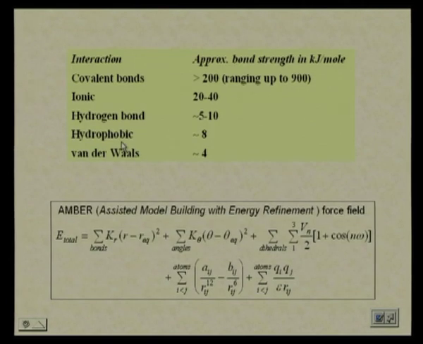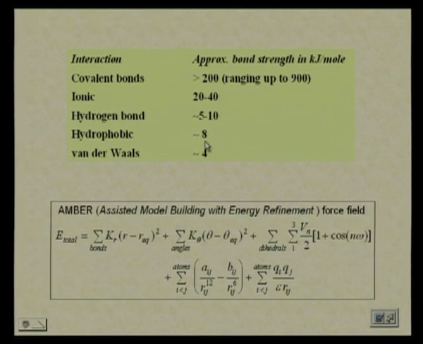Now, if we look at the interactions and their approximate bond strength in kilojoules per mole, you see that covalent bonds are extremely strong. Ionic bonds are 20 to 40 kilojoules per mole. Hydrogen bonds are approximately 5 to 10 kilojoules per mole.